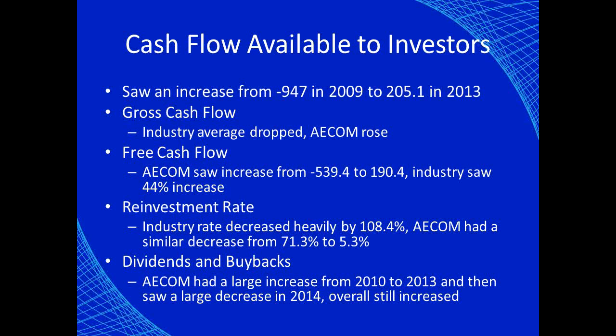And also their gross cash flow saw a rise, while the industry's gross cash flow saw a decrease. And for free cash flow, AECOM saw a large increase from negative $539.4 million to $190.4 million.